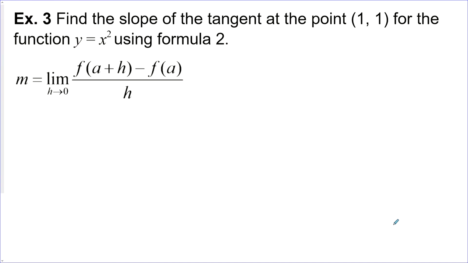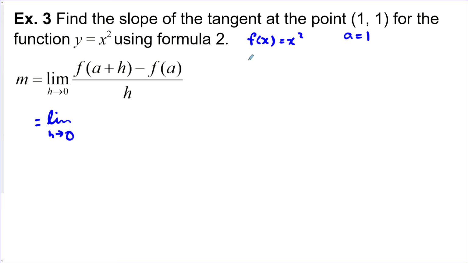Find the slope of the tangent at the point 1, 1 for the function y equals x squared using formula 2. This would be the exact same example as example 1, except we're going to use formula 2. So our a here is still equal to 1. We have the limit as h approaches 0. Our f of x is x squared.